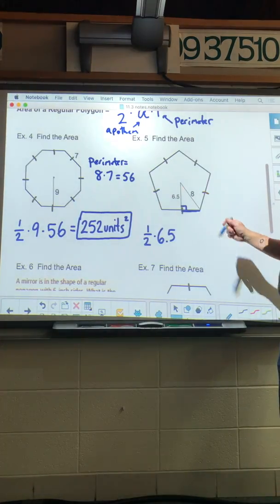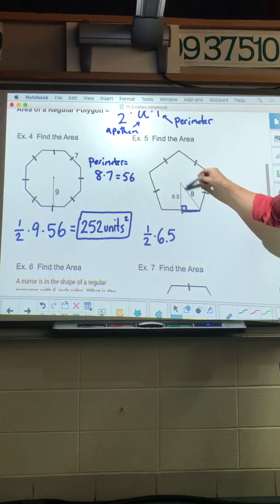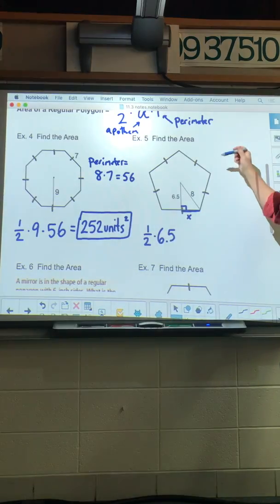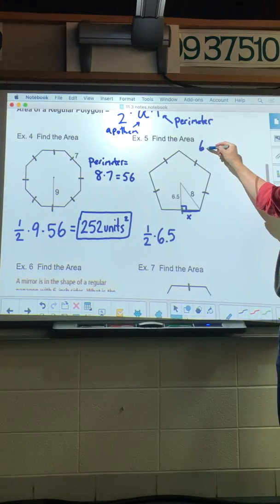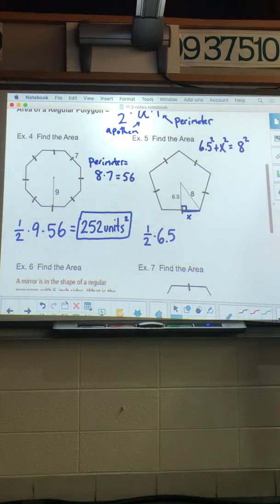So let's do the Pythagorean theorem. Remember, c squared is the hypotenuse. I'm going to call that x. So we got 6.5 squared plus x squared equals 8 squared. A squared plus b squared equals c squared.